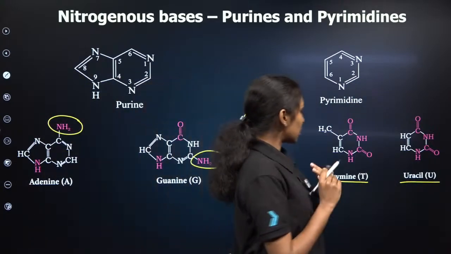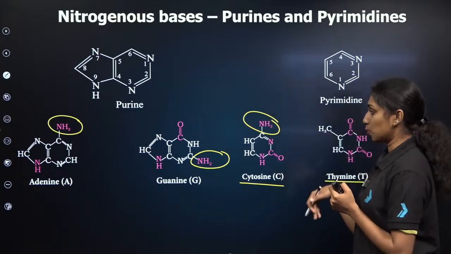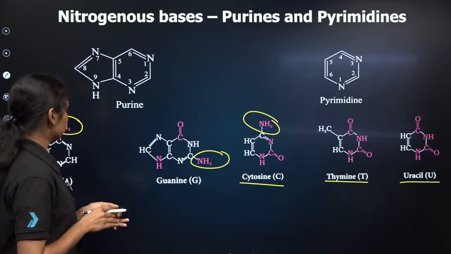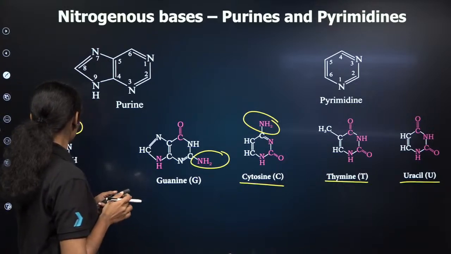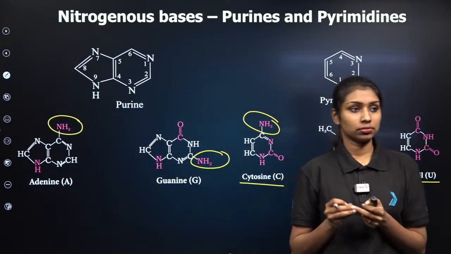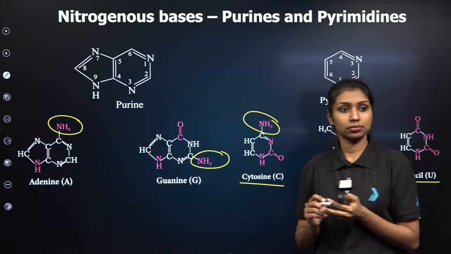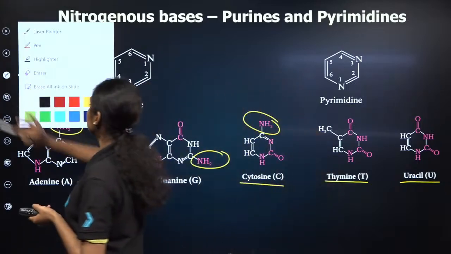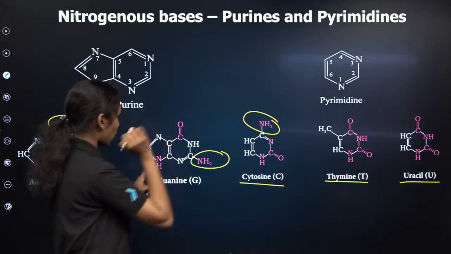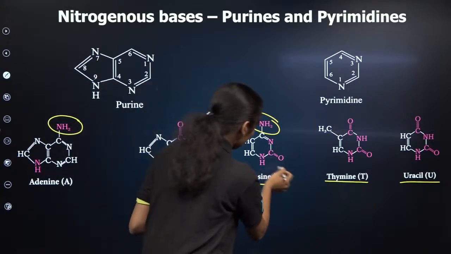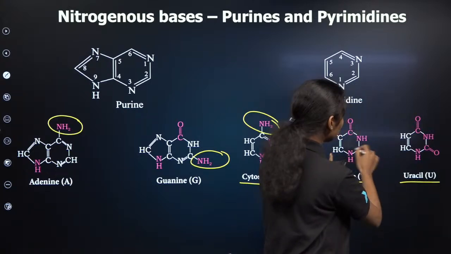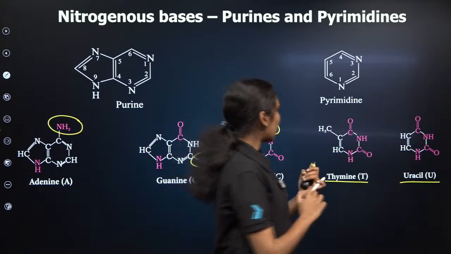Now you can identify which one does not have the keto or oxo group, which means the C double bond O group. In guanine there is a C double bond O group. Cytosine also has one. In thymine and uracil, there are two, the dioxo groups.